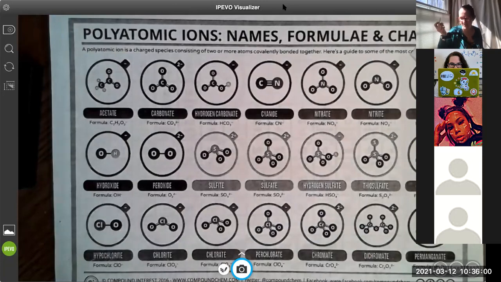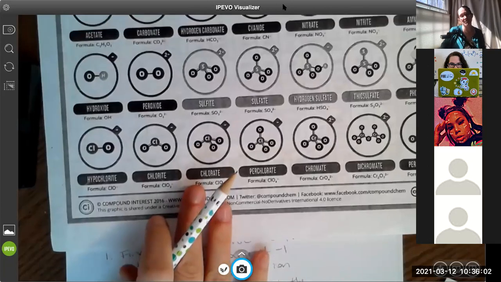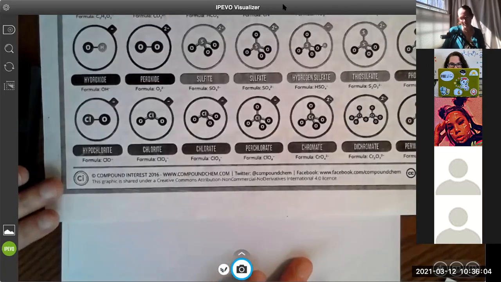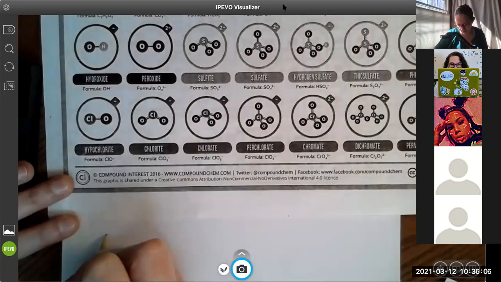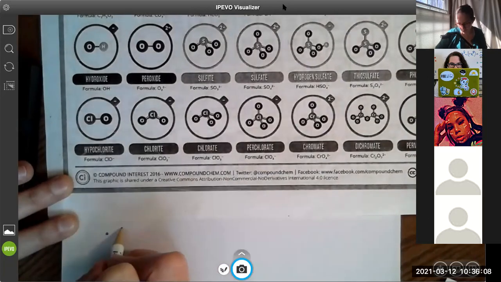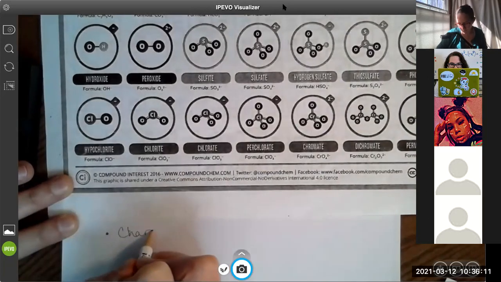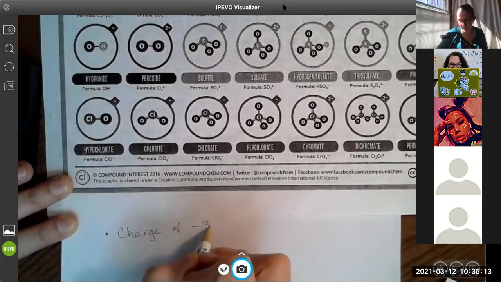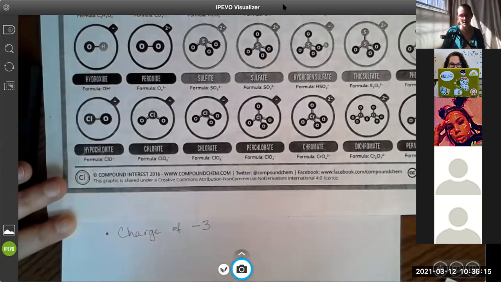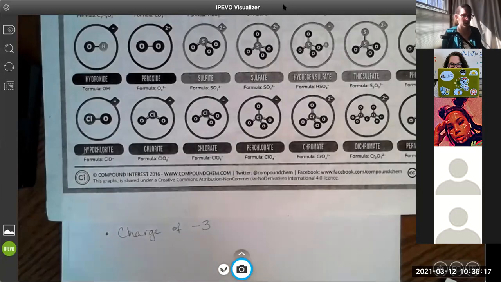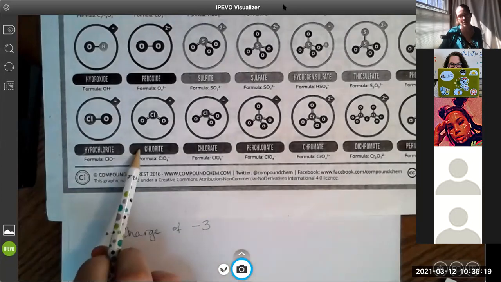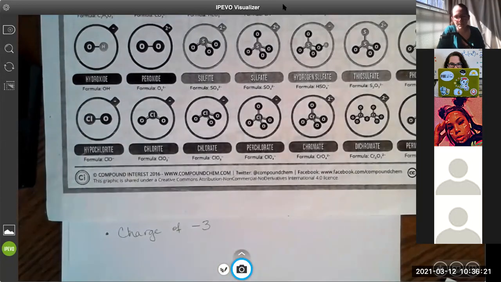Next question, find a polyatomic ion with a charge of -3. So the first one was -1. Your next one is find a polyatomic ion with a charge of -3. And do the same exact thing. Find the polyatomic ion, find its name, and type its name into the chat box.